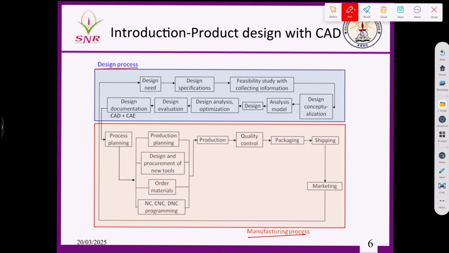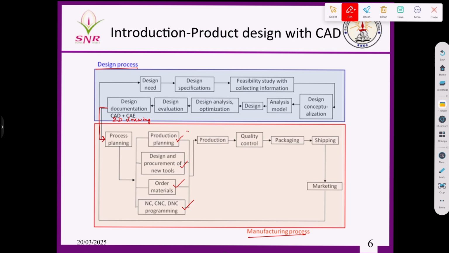Once the design documentation is complete, where the 2D drawings are created in the design process, and the 2D drawings are released for production, it comes to the process planning department. The process planning team does the production planning, plans for the design and procurement of new tools, orders materials for the inventory, and also plans for CNC programming and the resources.